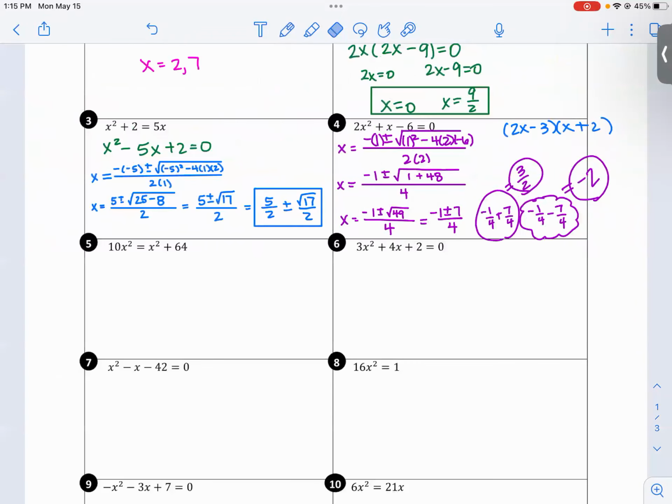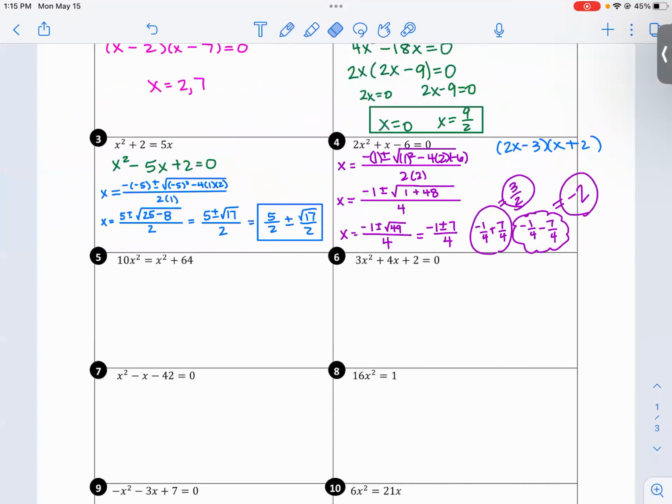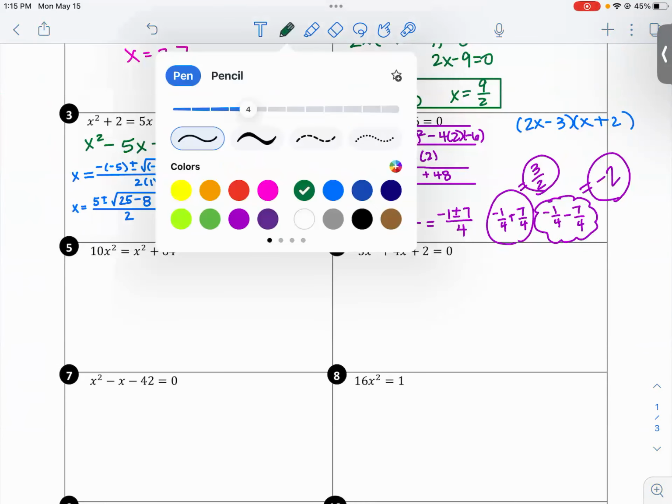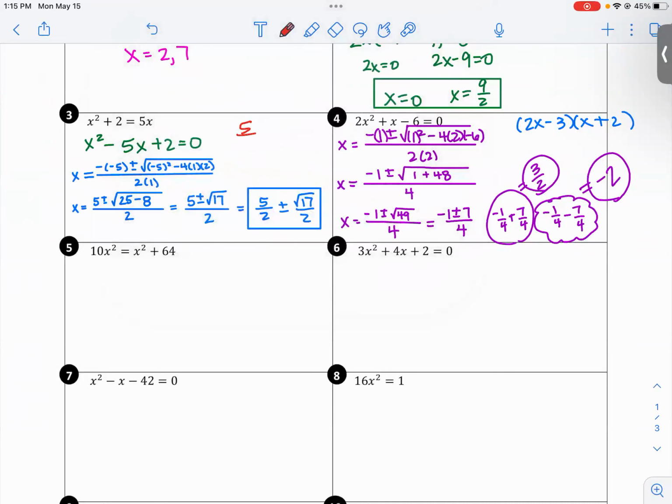If we put 5/2 plus radical 17/2 in for x, we would get 0. It also would represent where on the x-axis this parabola is crossing. It's just not a nice integer number.